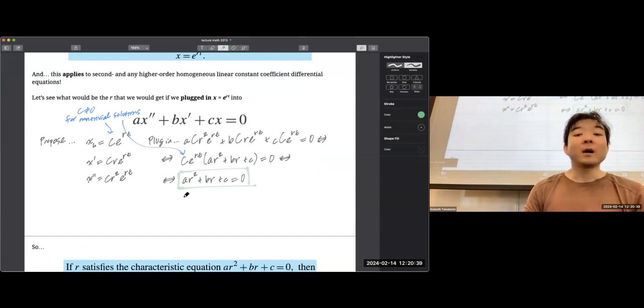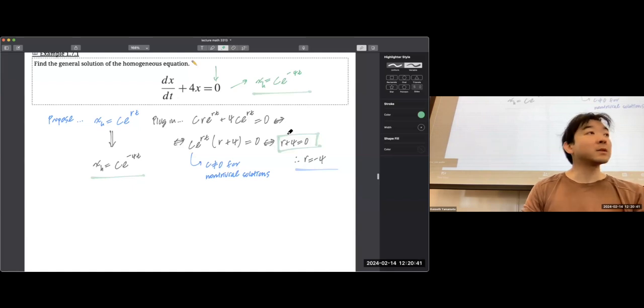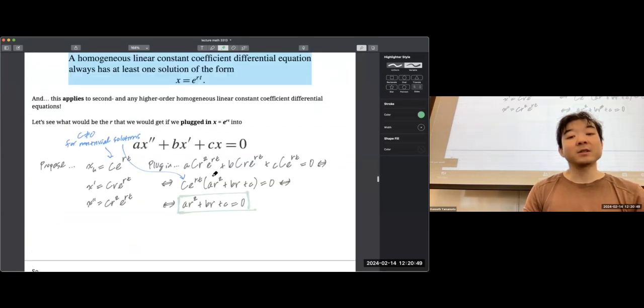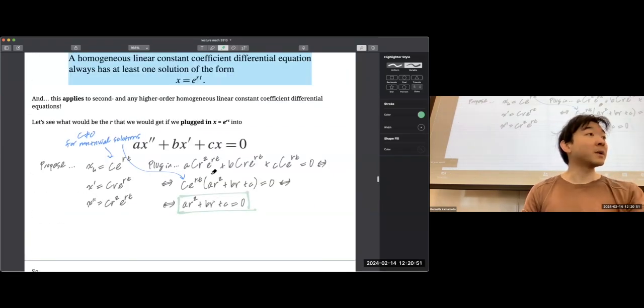And so up here, we only had one solution. We had that r had to equal -4 was the only way that you can get this to satisfy this differential equation. This looks like there are two r's that in general may work because it's a solution to a quadratic equation. So that's going to be the case for second order equations.